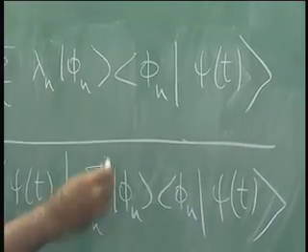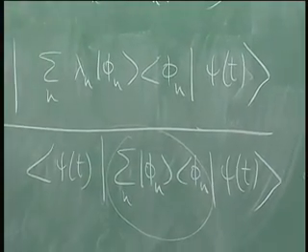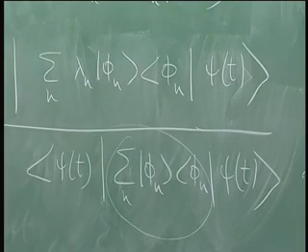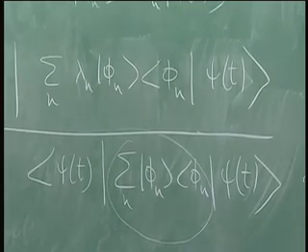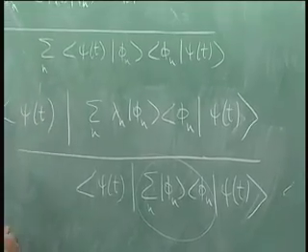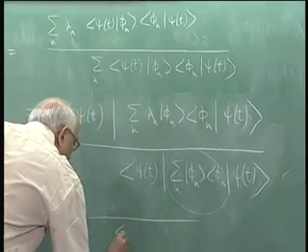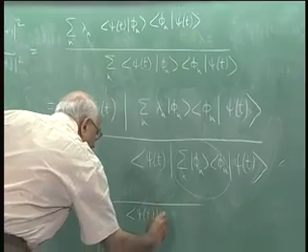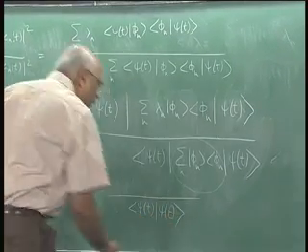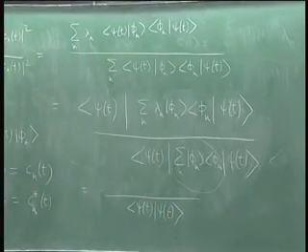Okay. But what is this quantity? That is the unit operator. So in fact the denominator becomes equal to psi of t psi of t, which is the normalization factor as we expected.